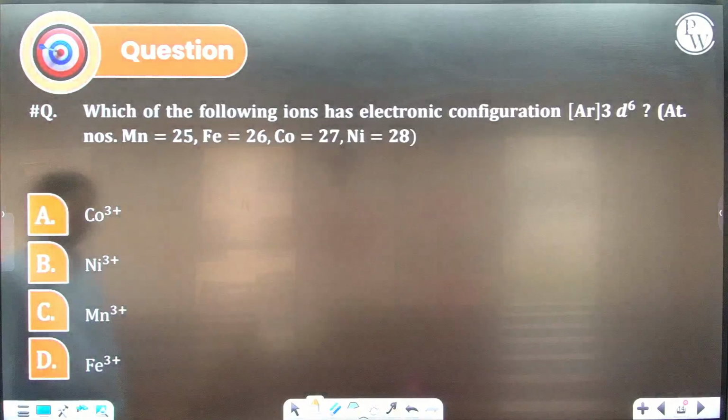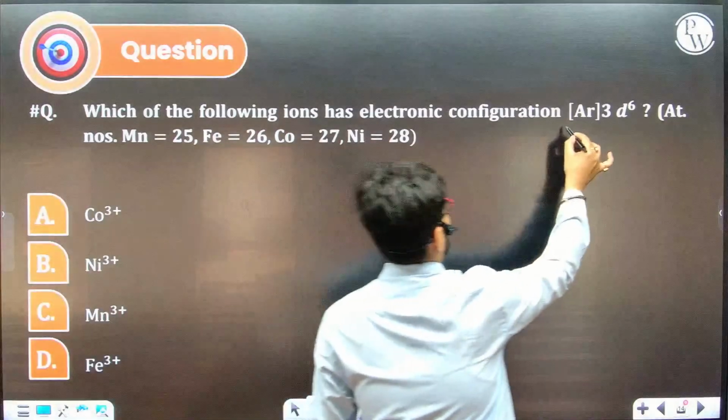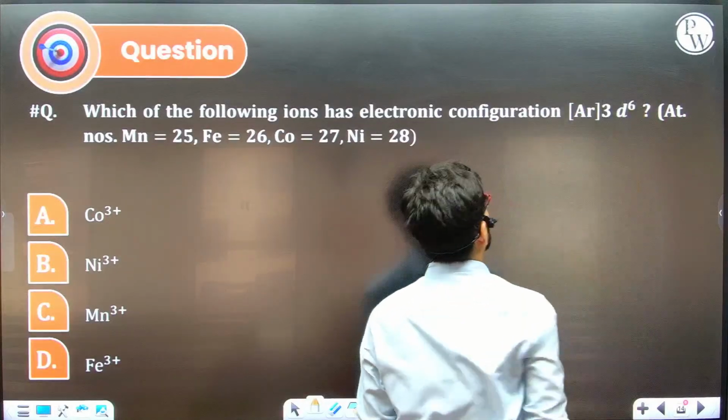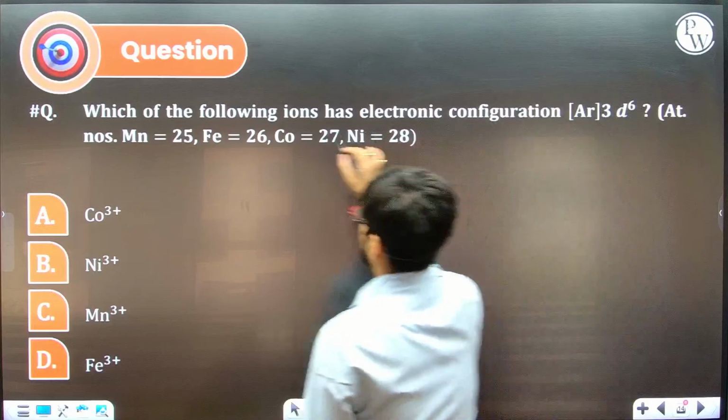Which of the following ions has the electronic configuration argon 3d6? Now, argon has 18 electrons, so in total there are 24 electrons. But hold on, this is an ion.